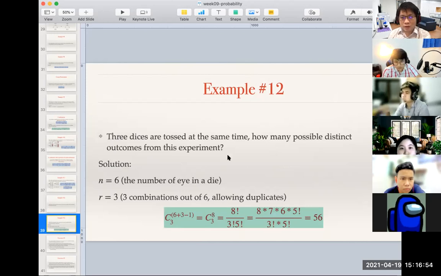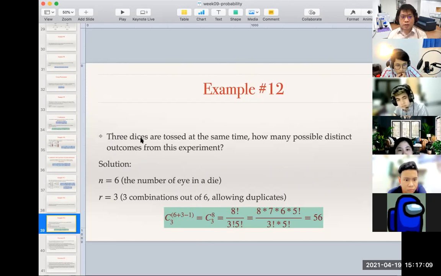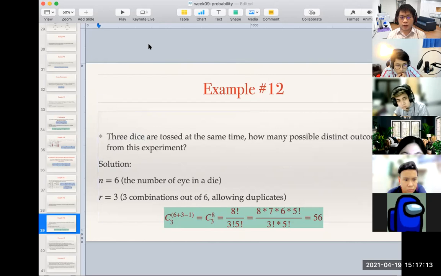Now we have the solution. How many possible outcomes can we get from one die? You are asked to throw 3 dice, but you need to consider how many sides one die has.